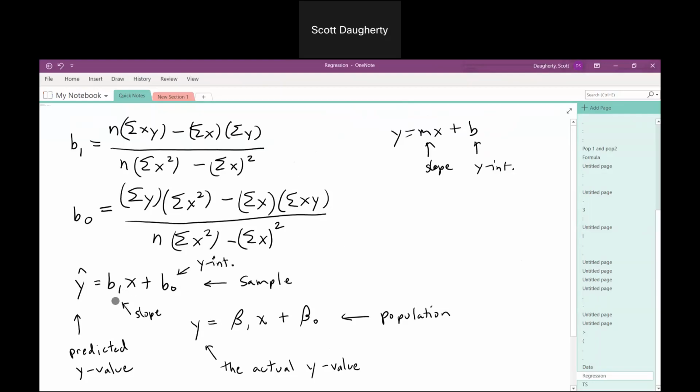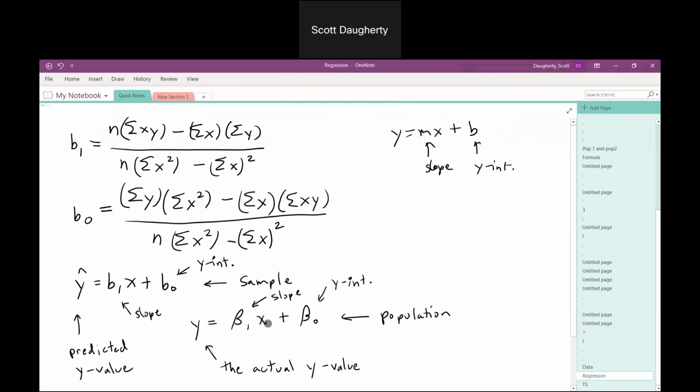But if it's coming from a population, we call the slope beta 1, and the y-intercept is called beta sub 0. And notice we do have a different symbol for the y value. The x value is the number that you're going to make a prediction for.